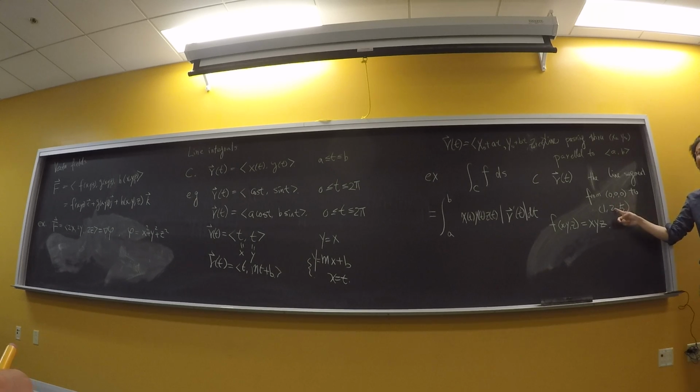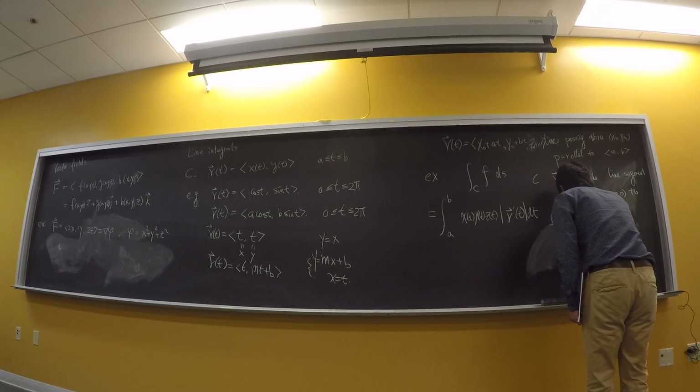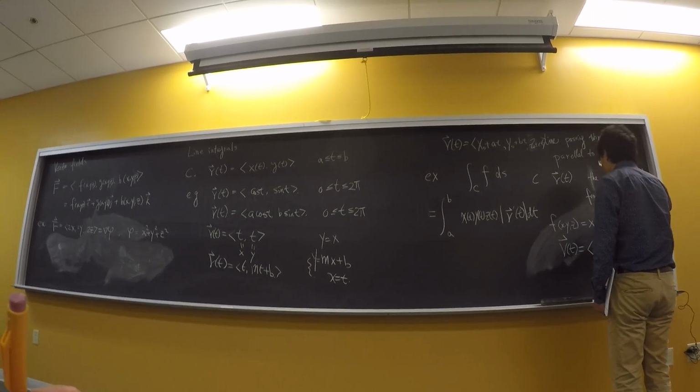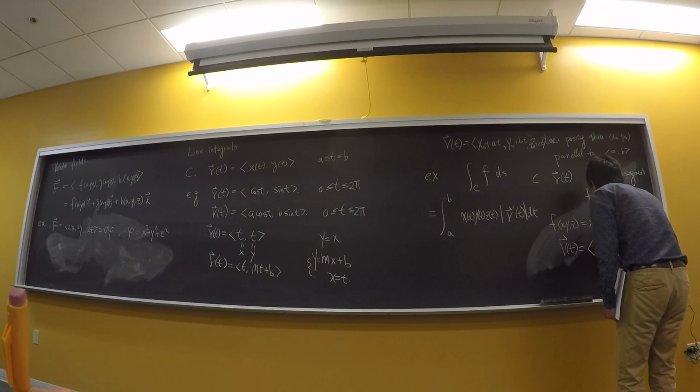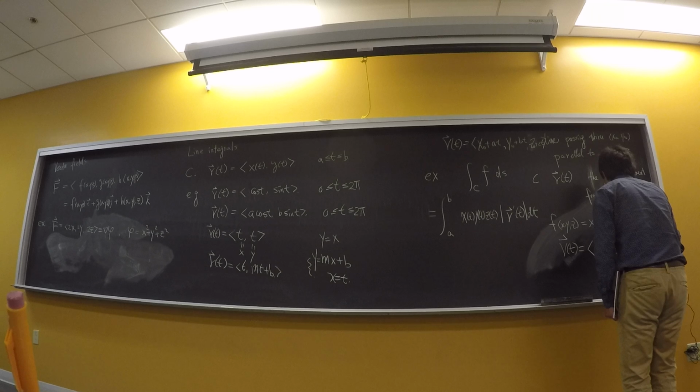If I line these 2 points together, this is going to be a vector that is parallel to this line right here. So easily I can find the vector to be 1, 2, 5. This parametric equation is going to be super easy. It's going to be t, 2t, and 5t.